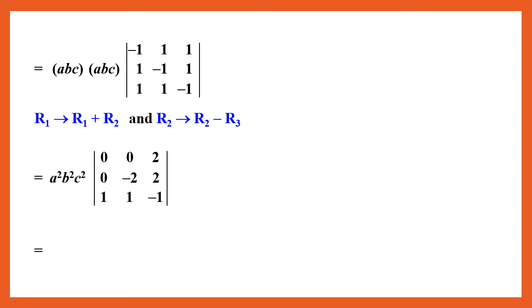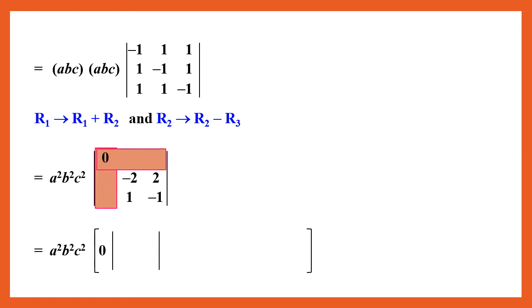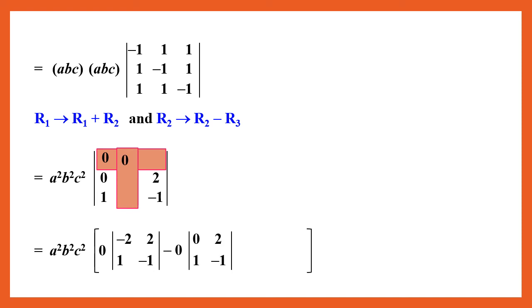On further simplifying using R1, we get A square B square C square into the determinant 0, minus 2, 2; 1, minus 1, minus 0 into 0, 2; 1, minus 1 and 2 into 0, minus 2; 1 and 1.